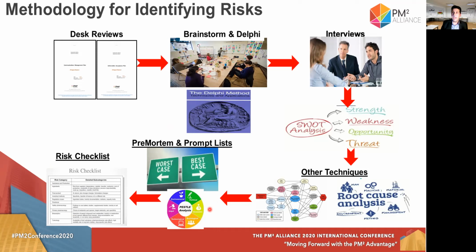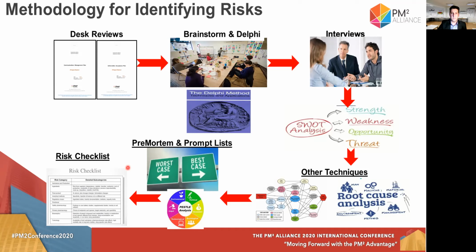And last but not least is the risk checklist that probably the project support team is delivering to us, and we use it at the end and not at the beginning, because if we use it at the beginning we might have a tunnel vision. We use it at the end, and we are also updating this list and giving it back to the project support team for next projects.